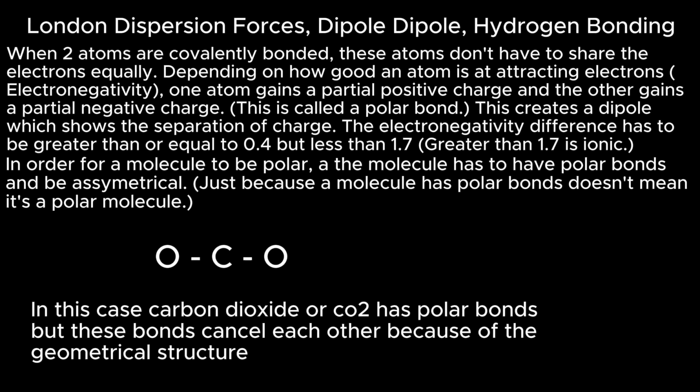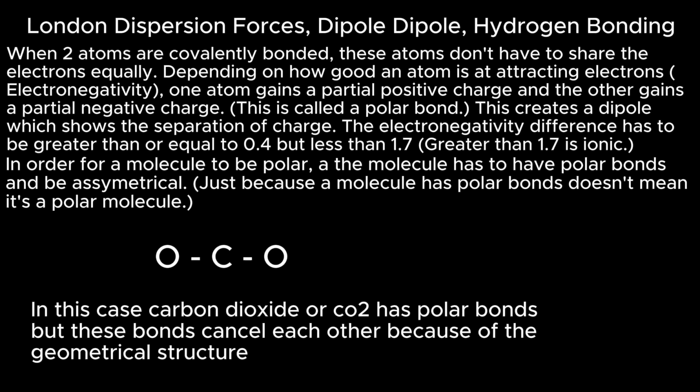And something important to note is that just because the bonds in the molecule are polar does not mean that the molecule is polar. It has to be asymmetrical as well. So in this case, look at carbon dioxide. Carbon dioxide has two polar bonds, and they each have a dipole.